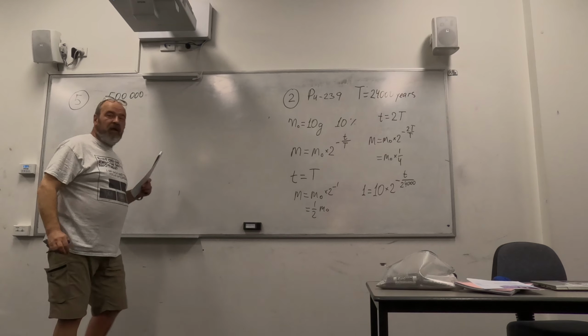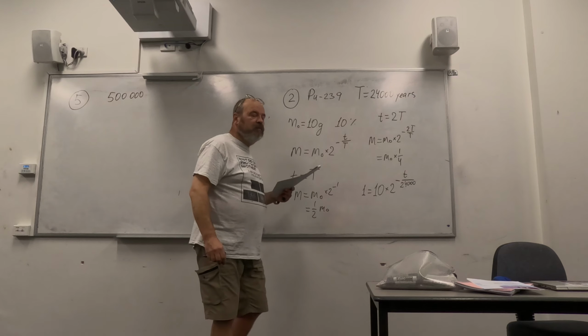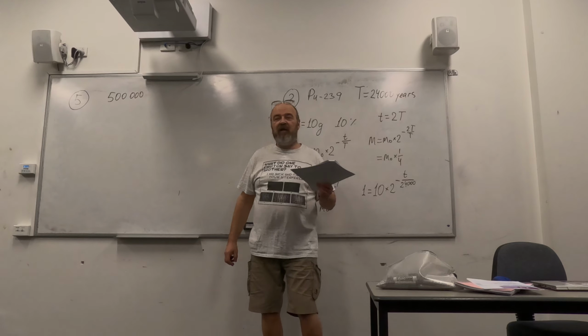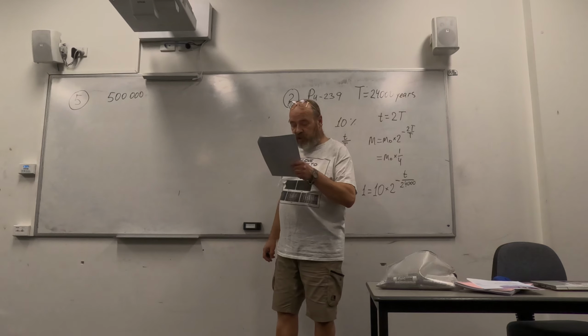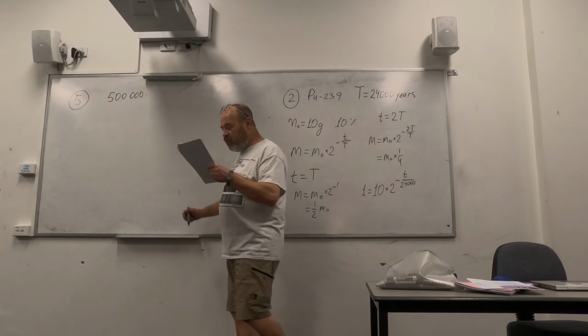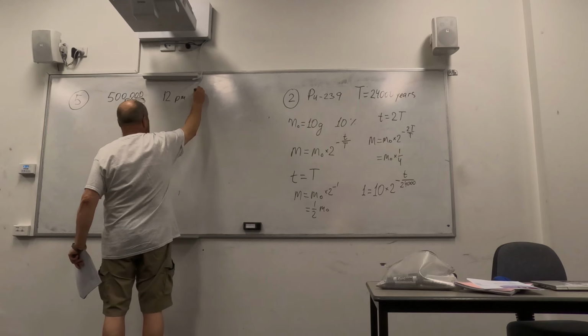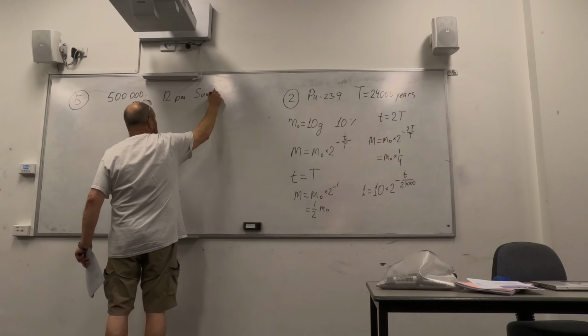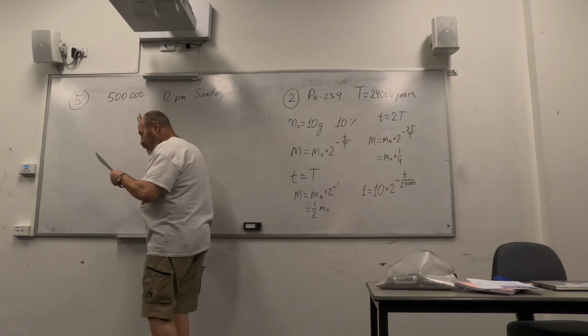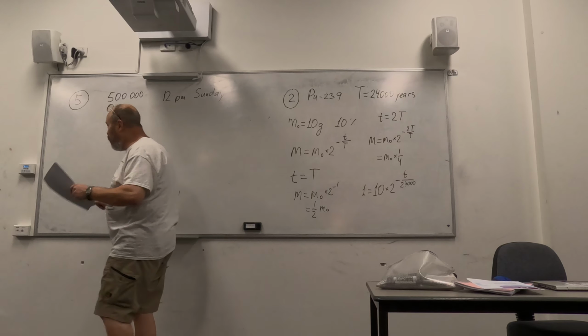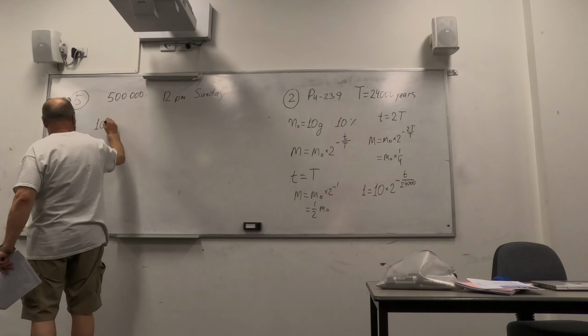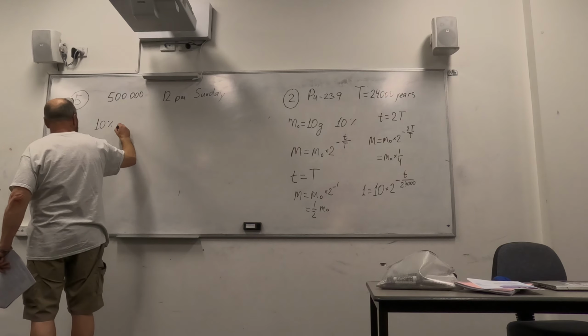So initially there are 500,000 bacteria at 12 p.m. on Sunday. And the culture increases by 10% per hour.